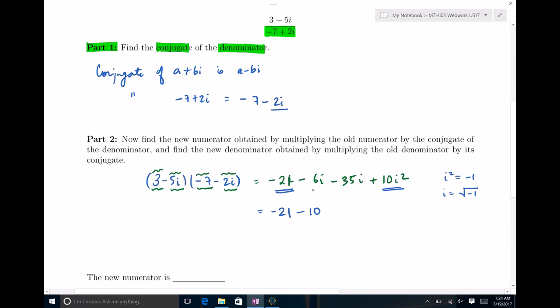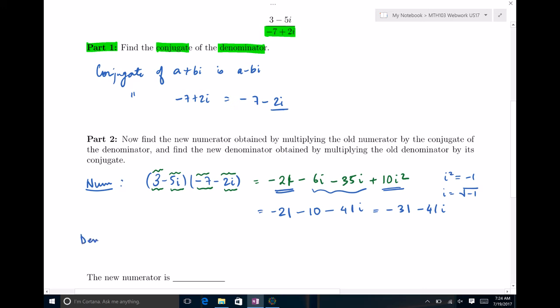And then I have minus 6i minus 35i, which is negative 41i. So this tells me that what I have here is negative 31 minus 41i. How about the denominator? So this was the numerator.